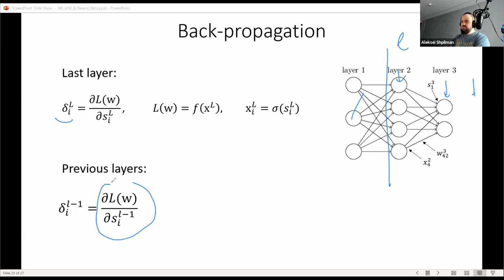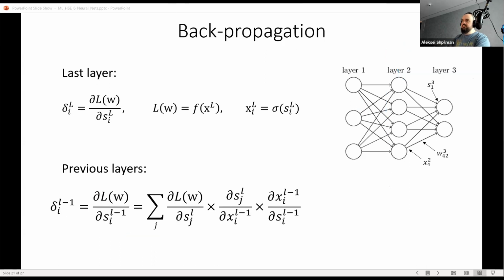This is just a reminder of what a delta is, and we can expand it using the chain rule again: derivative of the loss by S^L, then this by this, and then this by this.